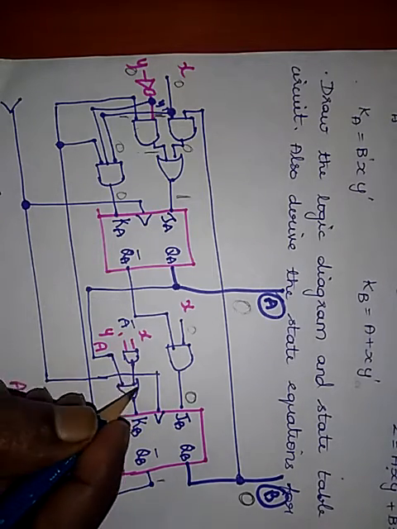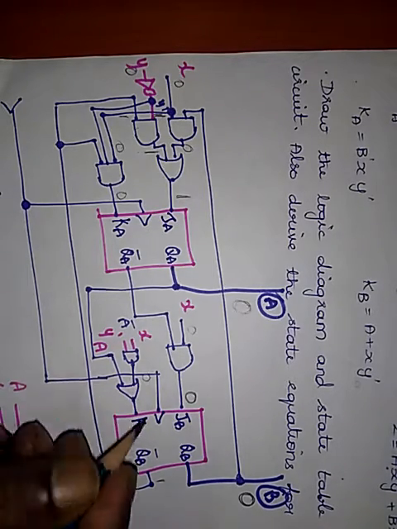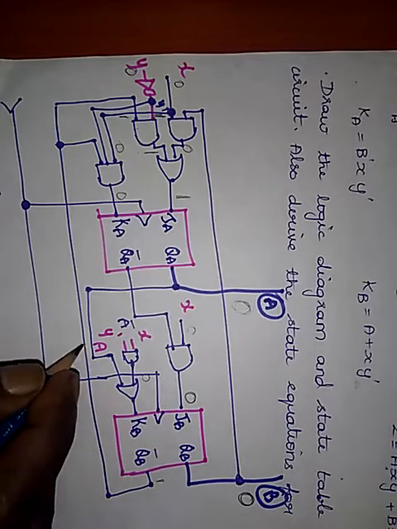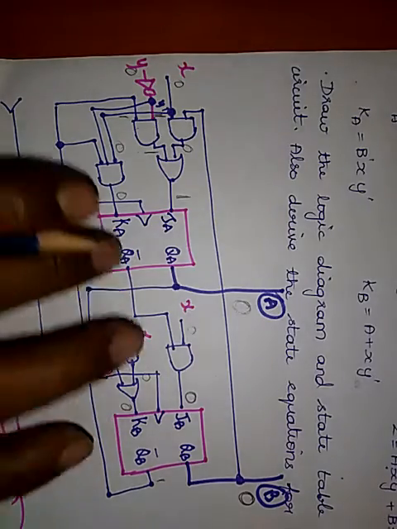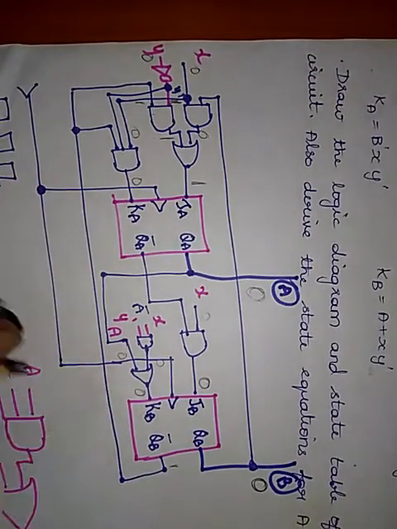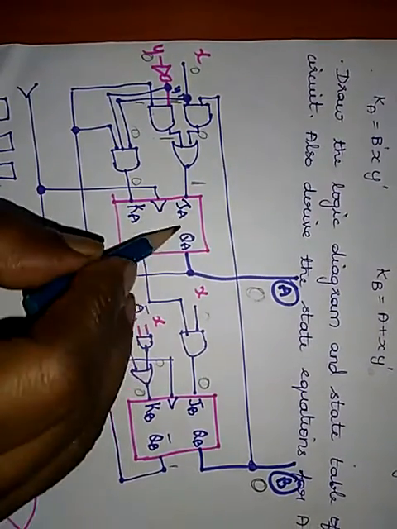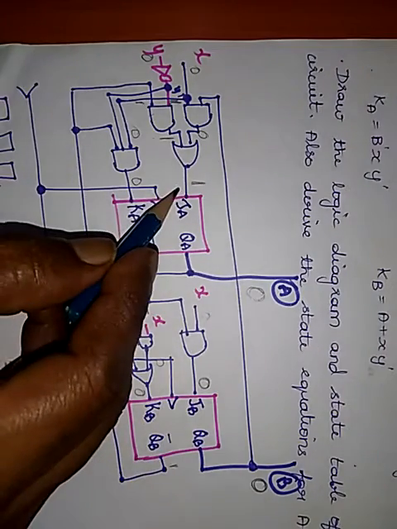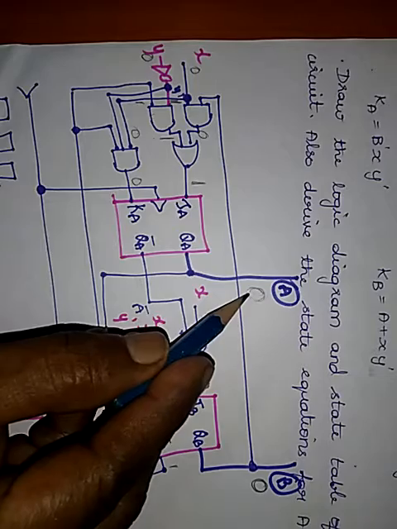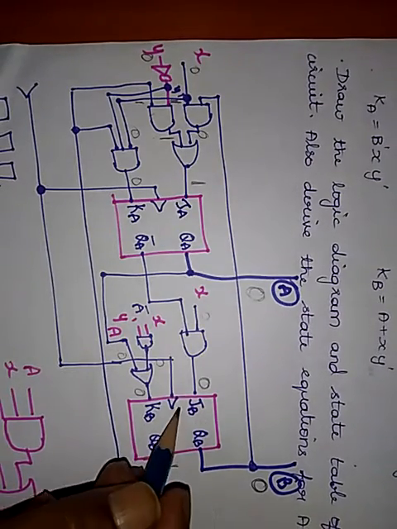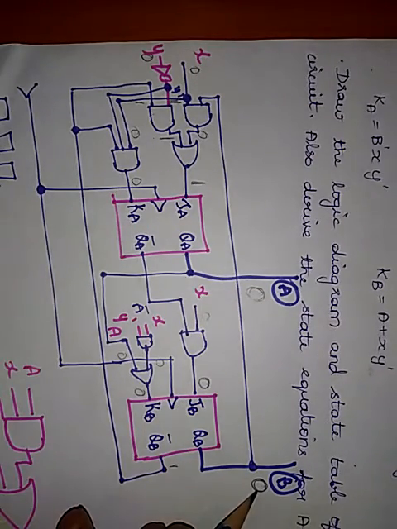Here X is 0, so therefore this is 0. And A present state is 0. This is also 0. Now, if you carefully look, we know the present state of the two flip-flops. The input is 1, 0. At the same time, the current output is 0. Similarly, for B flip-flop, it is 0, 0. The present state is 0.